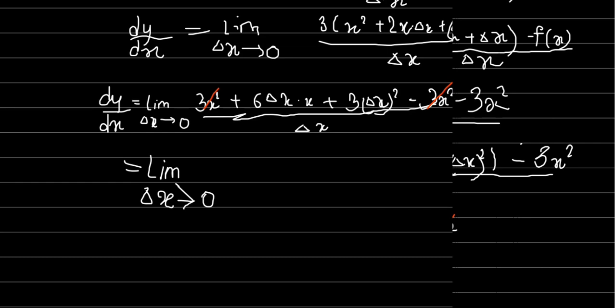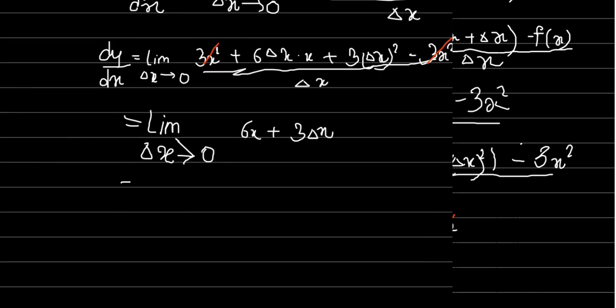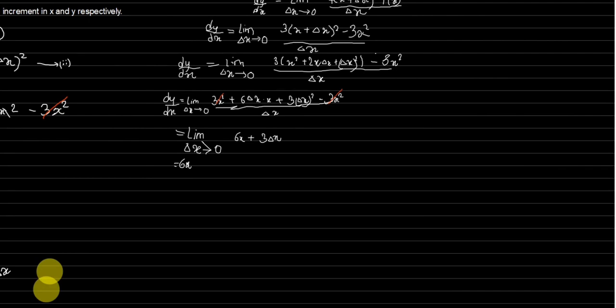Here we take delta x common and cancel it with the delta x in the denominator, and the remaining expression is 6x plus 3 delta x. Now putting the limit, we get 6x. So here the formula method is this short, and the other is the easy and long process.